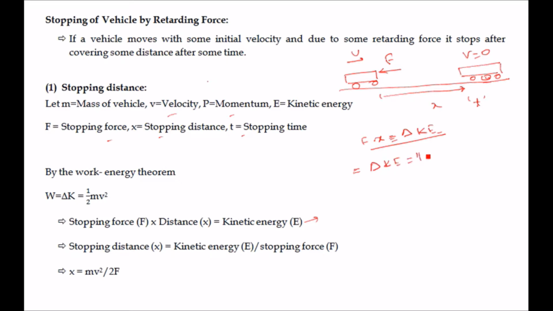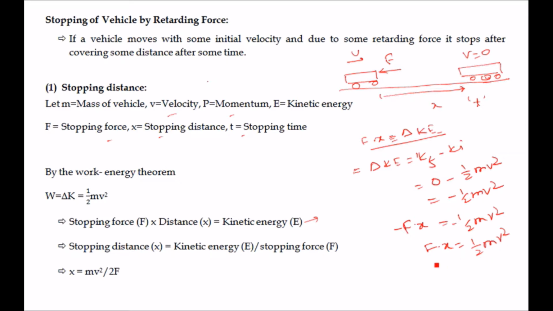Change in kinetic energy is Kf minus Ki, which is 0 minus half mv square, so minus half mv square. The work done by this force is minus F into x. So minus F x is equal to minus half mv square, and we get F x is equal to half mv square.